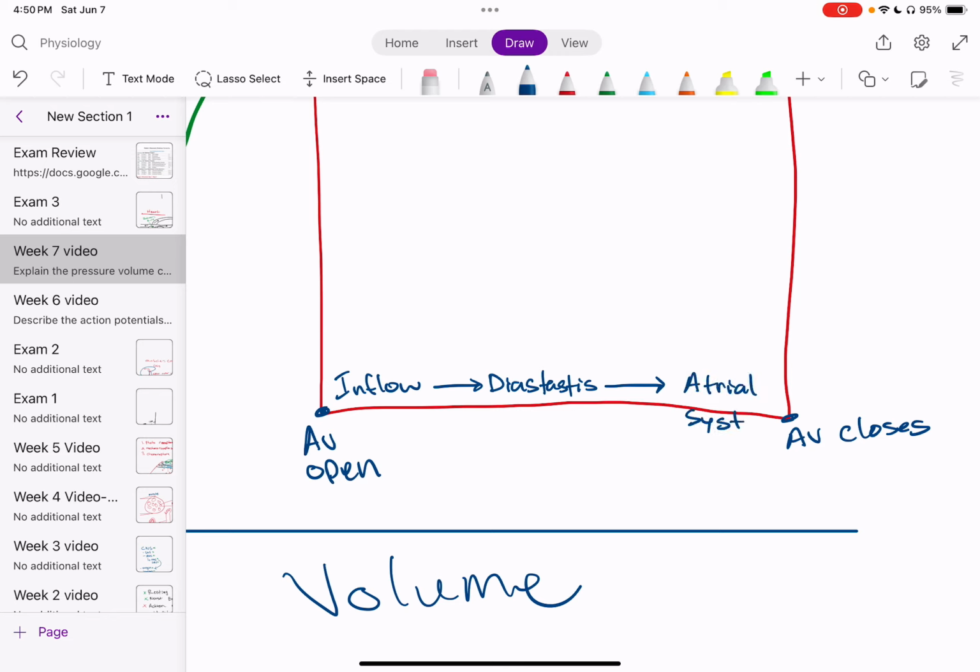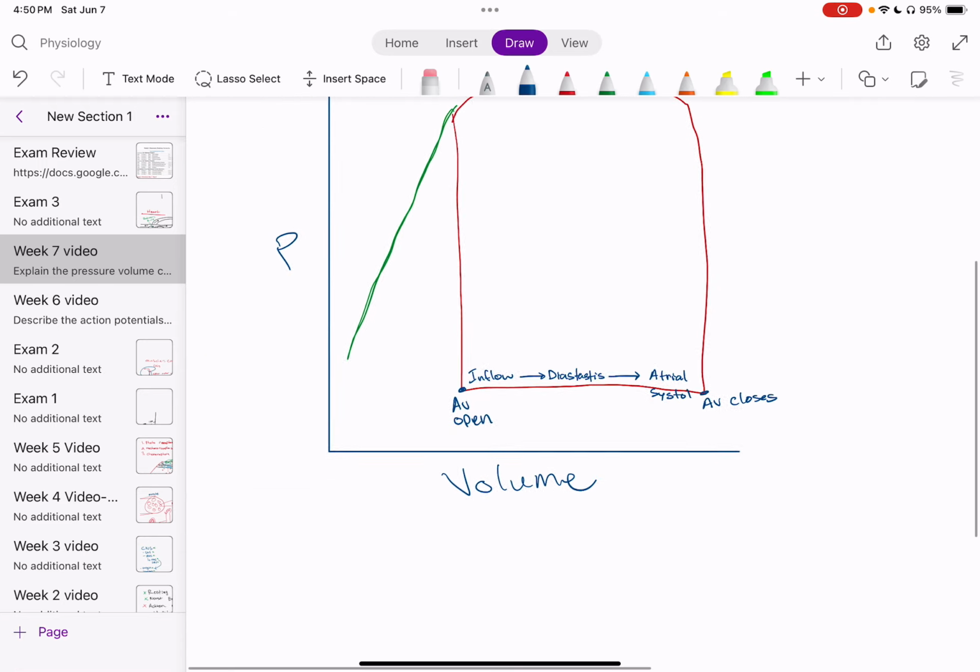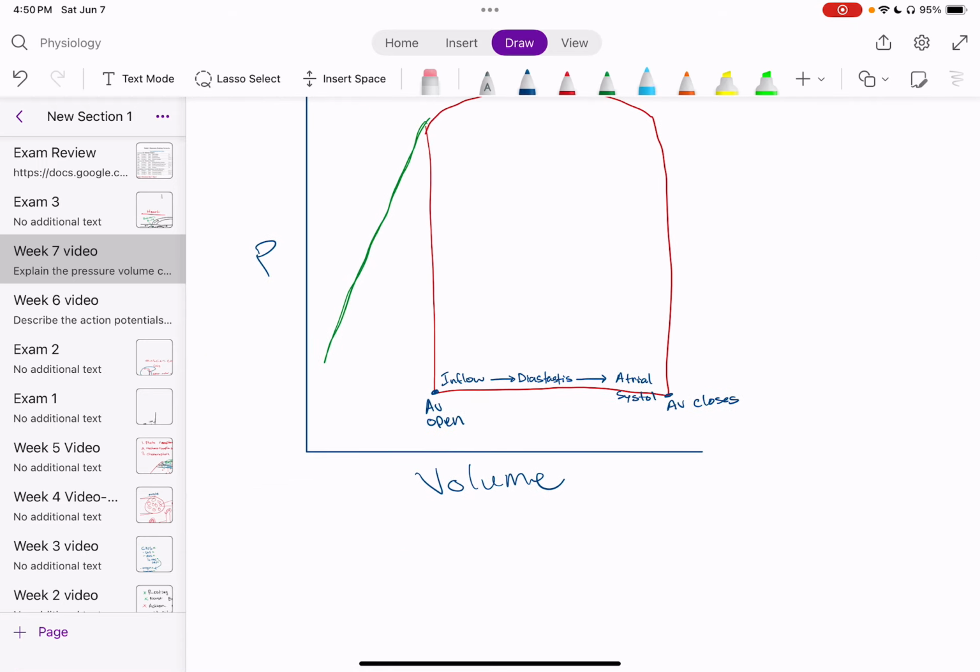And atrial systole. Okay, and this whole space from the time the AV opens to the time it closes is referred to as stroke volume.